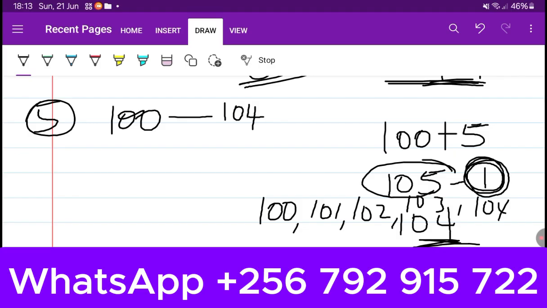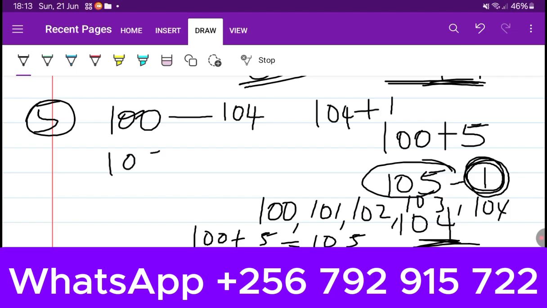So what am I going to do for the next one? To get the lower class limit of the second class, I'll just get 100 plus 5, so you'll get 105. Or you can use the upper class limit, 104 plus 1, the 1 that we removed because we want to create that gap. You put it here, 105.